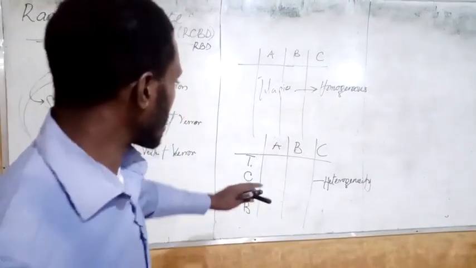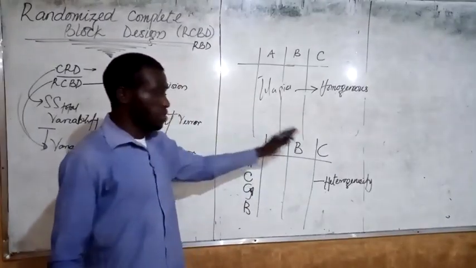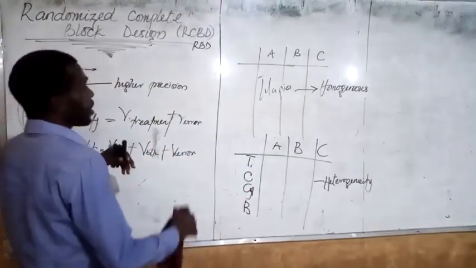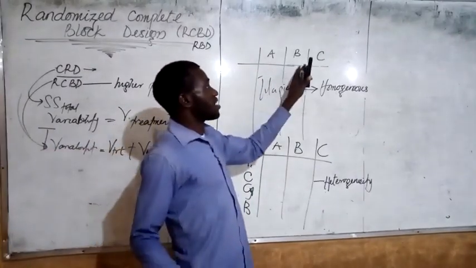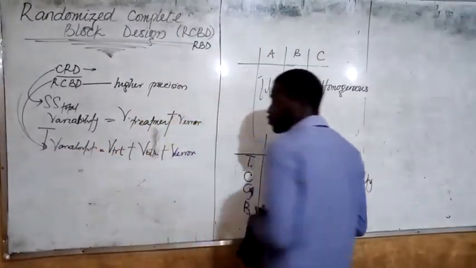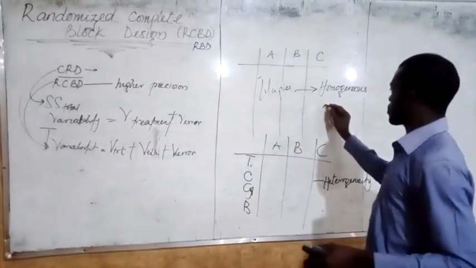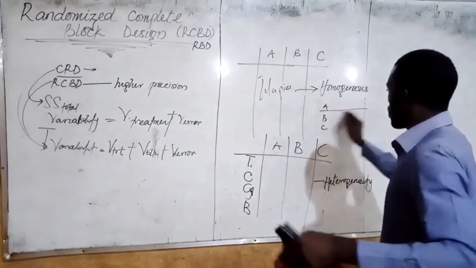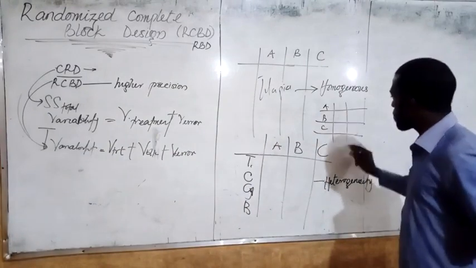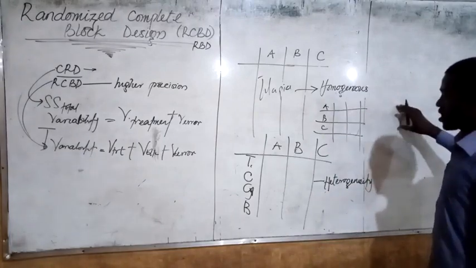So this is the format of the question you're going to see. This is the way it is being distributed in most cases. While here is CRD, where you have only the treatment, sometimes the table could be placed horizontally such that you have your treatment A, B, and C. If you see it like this, as far as you don't see any other thing on top, this is still CRD.